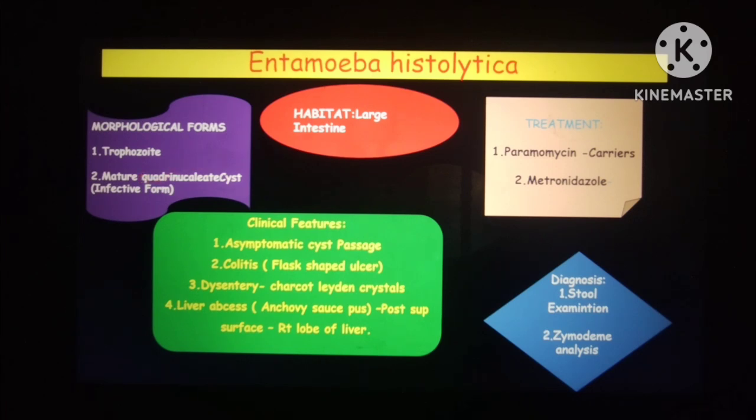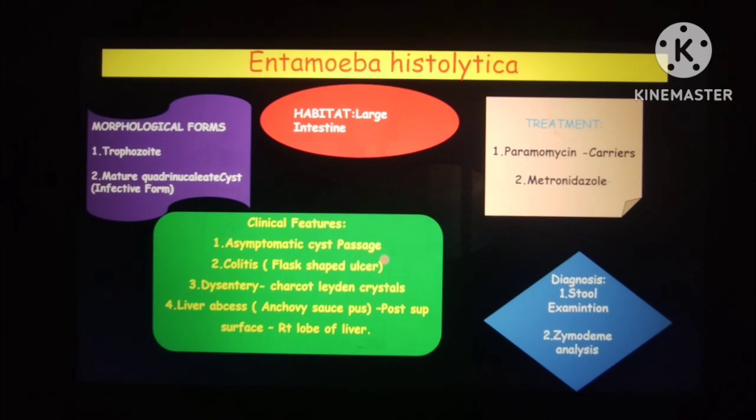Next, clinical features. First, the patient is usually asymptomatic. Second, they present with colitis, and an important term you want to remember is the flask shaped ulcer, usually present in the ileocecal junction. The most common site is the ileocecal junction, and the patient will present with amoebic dysentery.